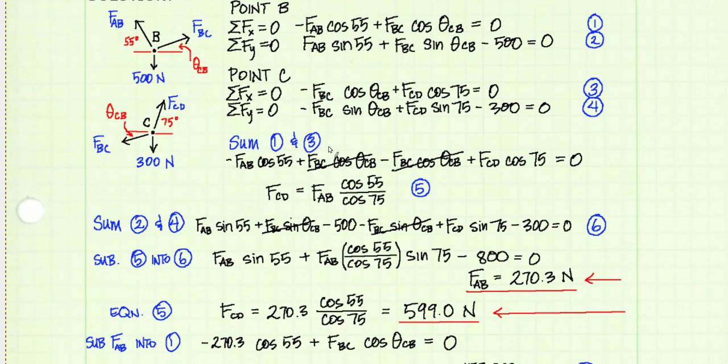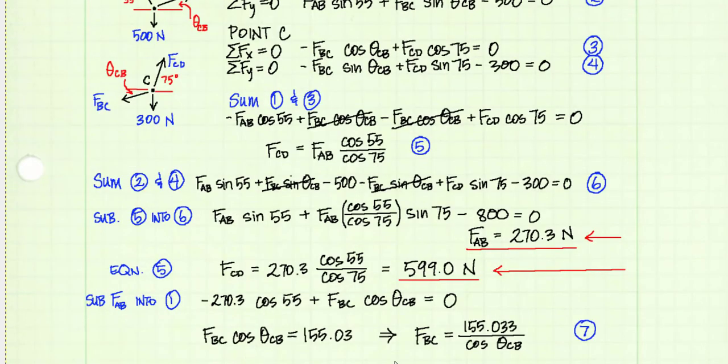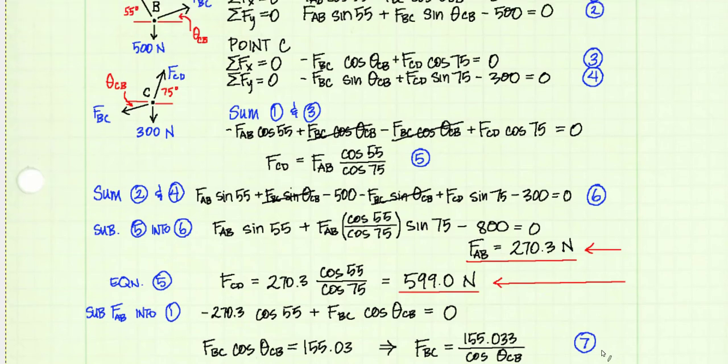I substituted the value for force AB of 270.3 newtons into equation 1. Then I isolated force BC. It's equal to 155.033 over the cosine of theta CB. I will call that equation 7, and I will substitute it and the value for force AB into equation number 2.